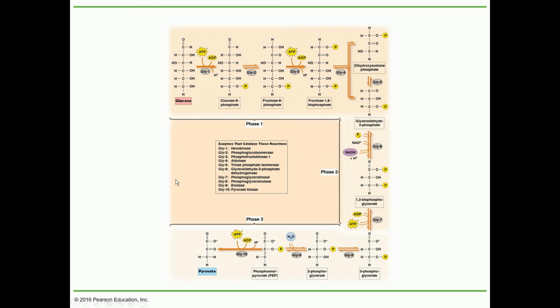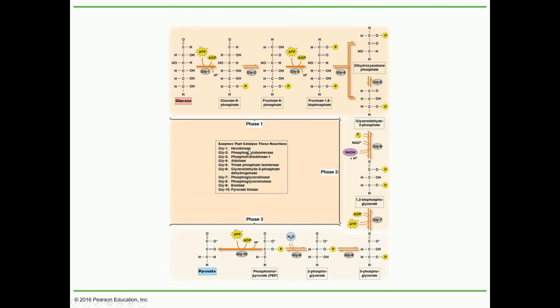Then glucose 6-phosphate gets converted to fructose 6-phosphate. You know that glucose and fructose are basically isomers. This conversion takes place with the help of the enzyme called phosphoglucoisomerase. And then fructose 6-phosphate gets converted into fructose 1,6-bisphosphate. So there is an addition of one more phosphate group.